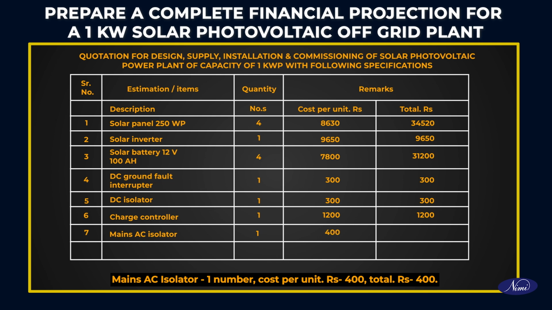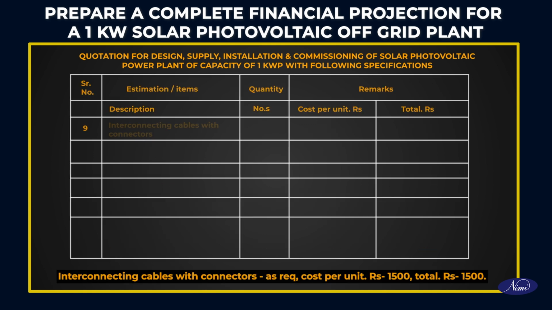Total ₹400. Distribution panel, 1 number. Cost per unit ₹200. Total ₹200. Interconnecting cables with connectors as required. Cost per unit ₹1500.